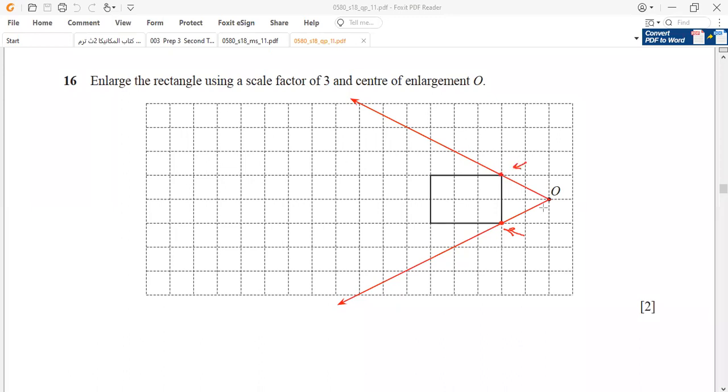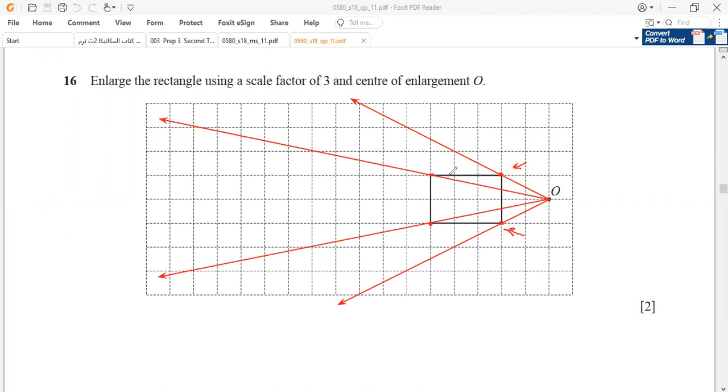And another ray like that passing through this point, the third vertex of the rectangle. And finally, we draw another ray here like that, passing through the fourth vertex of the rectangle.